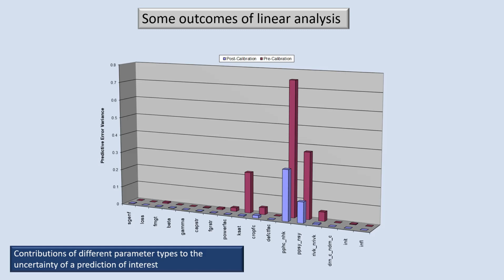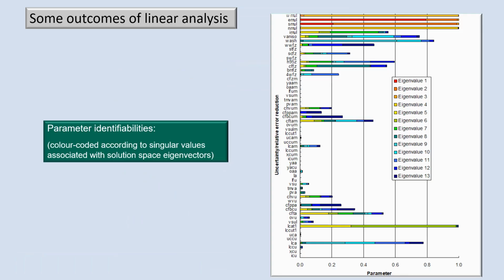The back row is prior to history matching. The front row is parameter contributions to the uncertainty of that same prediction after history matching. So one can see at a glance what parameters are causing most uncertainty and how much that uncertainty is reduced through the history matching process.